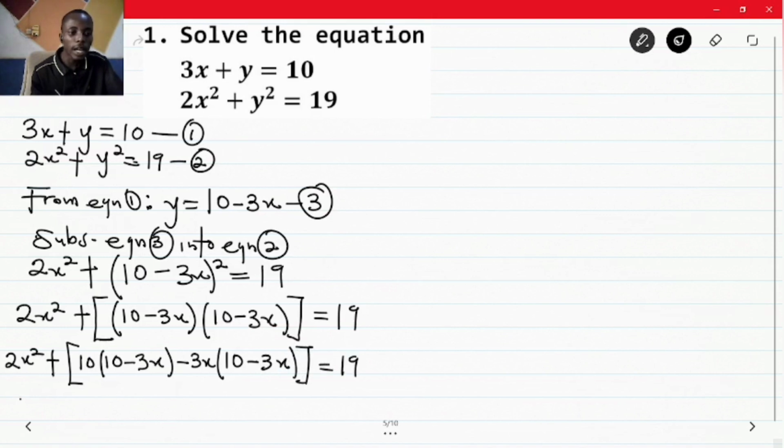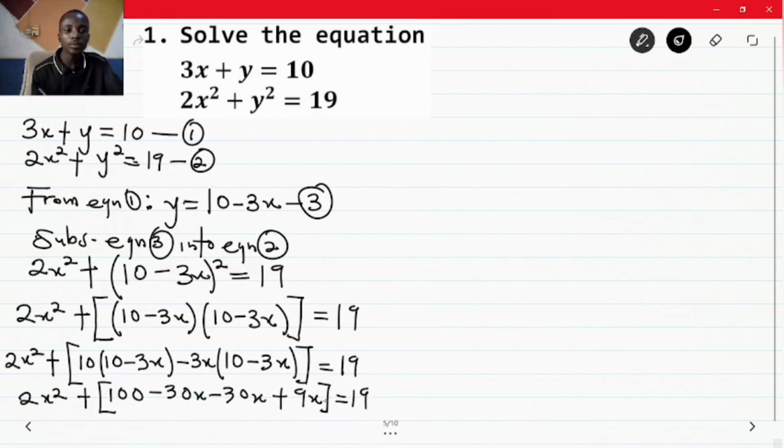So I have 2x squared plus, I want to deal with the bracket first, 100 minus 30x minus 30x plus 9x equals 19.